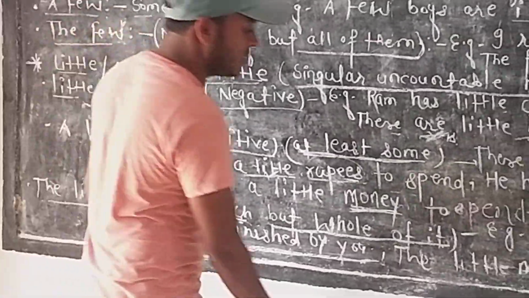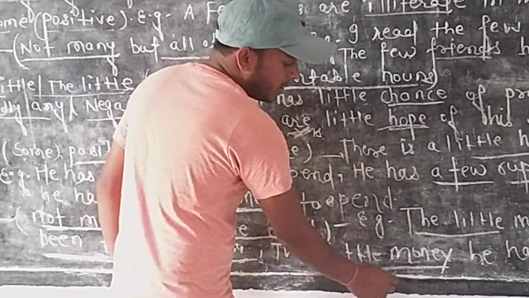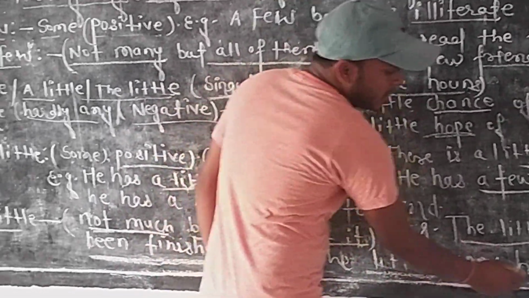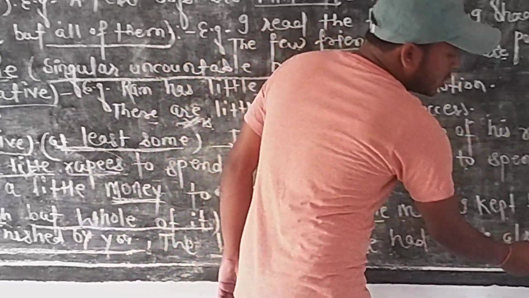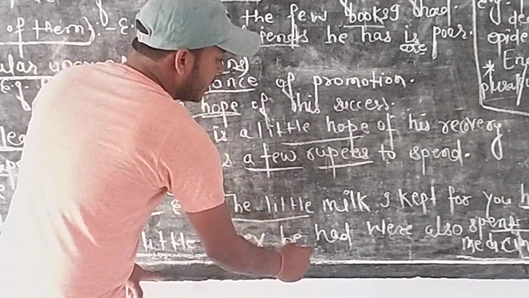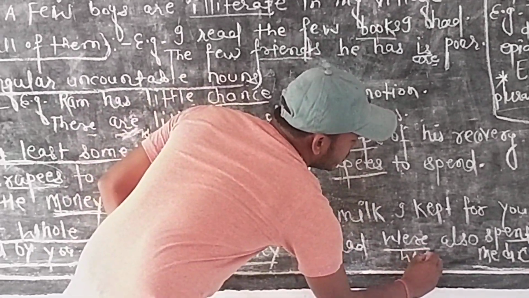Another example: I have written the little money. You can see that I have written here money. When money is what? This is an uncountable noun. So, the little money he had were also spent on medicine. It should be was, not were, because were is plural.